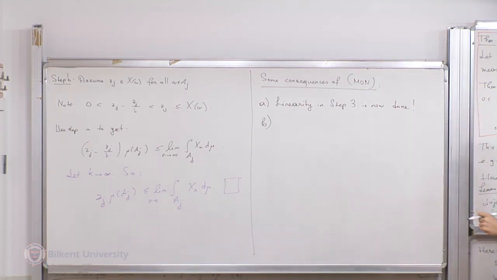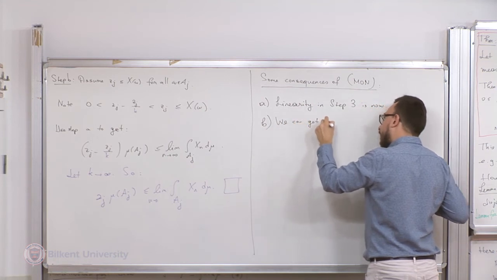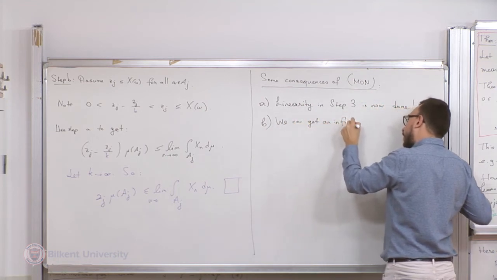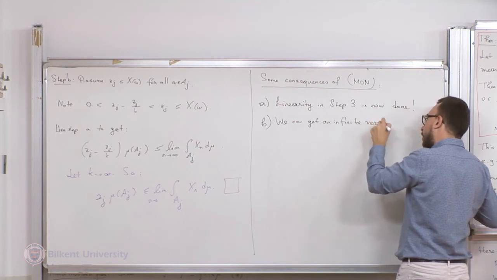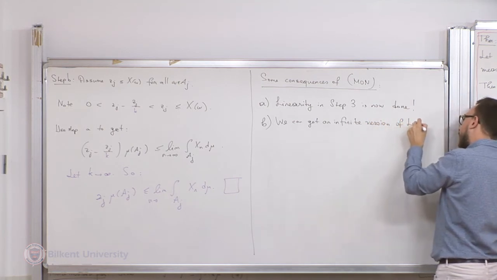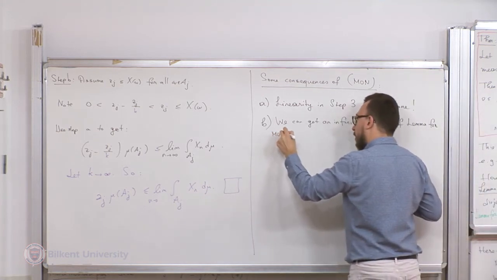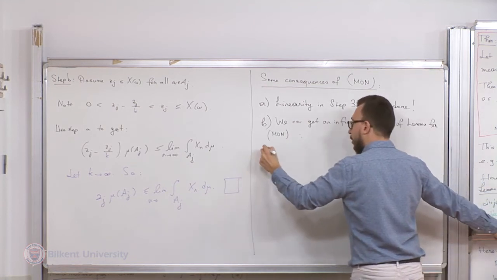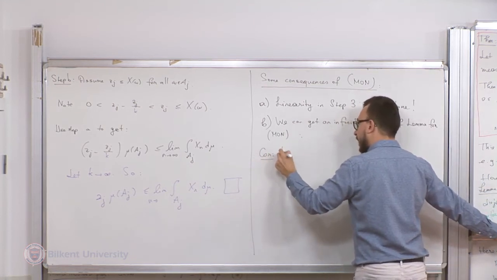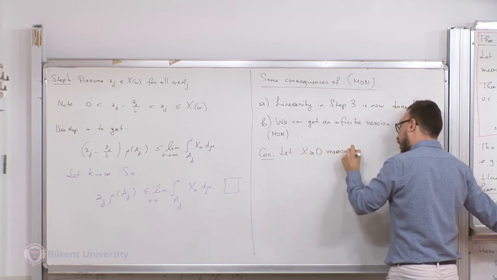B is that we can get an infinite version of the lemma for the monotone convergence theorem. So this is a nice result, okay? So let me write it as a corollary. Let x be positive measurable.